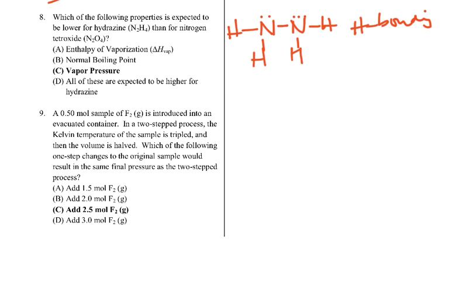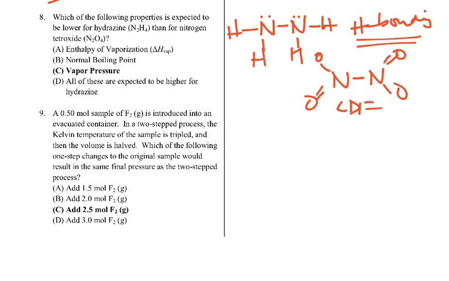And then we have N2O4, so nitrogen bonded to oxygens. And that's going to be a nice nonpolar sort of molecule. So that's probably just going to be London dispersion forces, because it's pretty nonpolar. But the point is that certainly the N2H4 is going to have a stronger IMF.